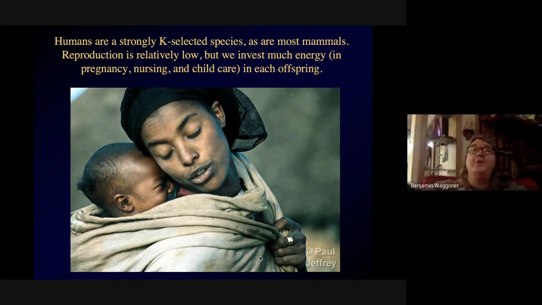But there's other birds that are less K-selected if the babies hatch and are able to live independently almost right away. So species can be more or less R-selected or K-selected. It's not like every species is one or the other. They're two ends of a scale, not two classes that everyone fits into.